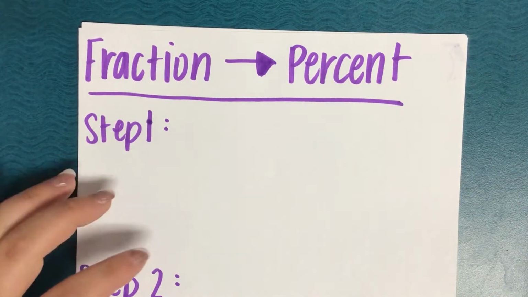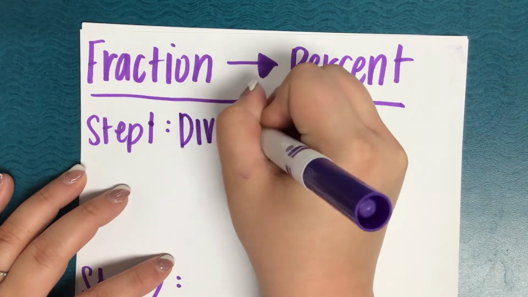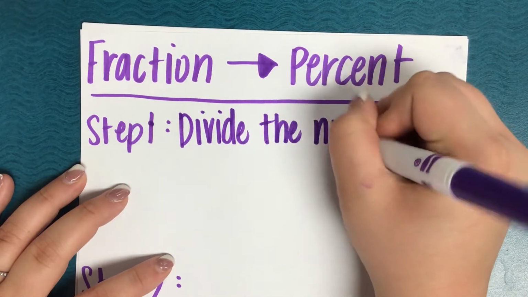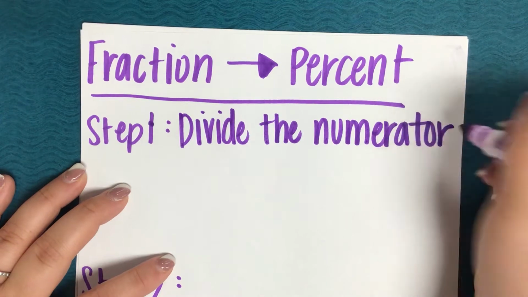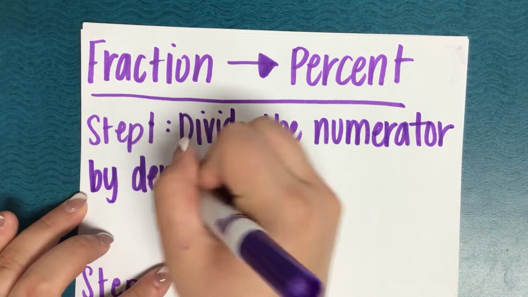So there's two steps. Step number one is to divide the numerator, and yes, I know dividing is all of your favorite thing, by the denominator.